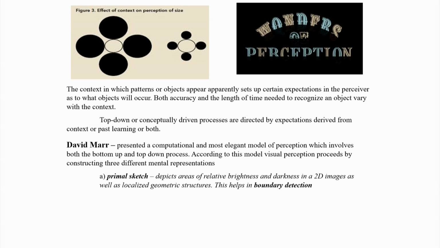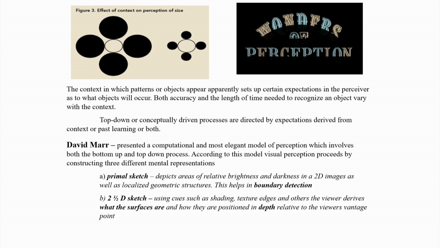Once the primal sketch is ready, the next step is constructing a 2.5D sketch, using cues from the environment. Both step 1, the primal sketch, and the 2.5D sketch are the bottom up part of perception which this model explains. So, the first two steps actually use data from the stimuli.